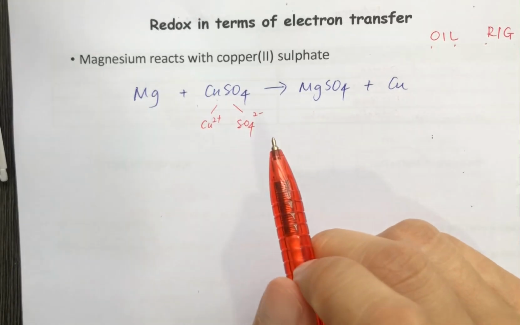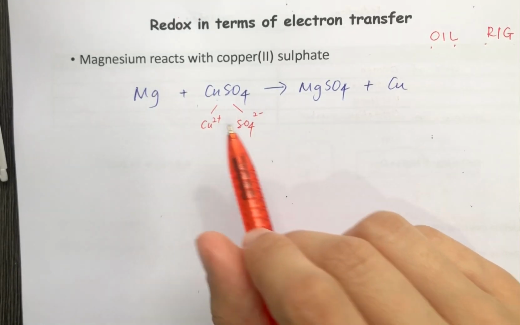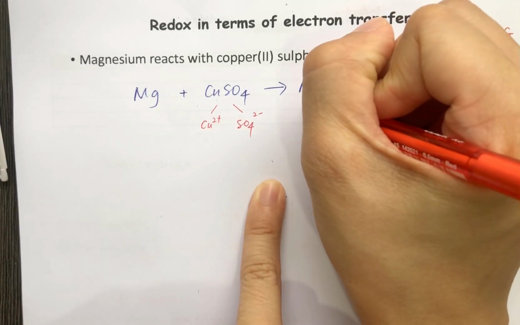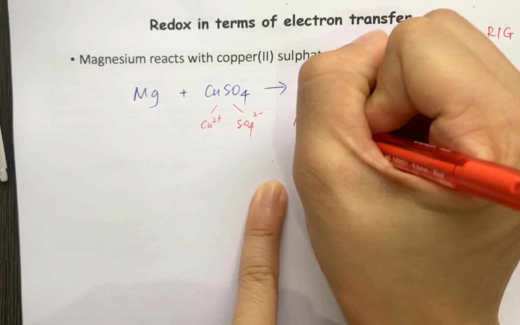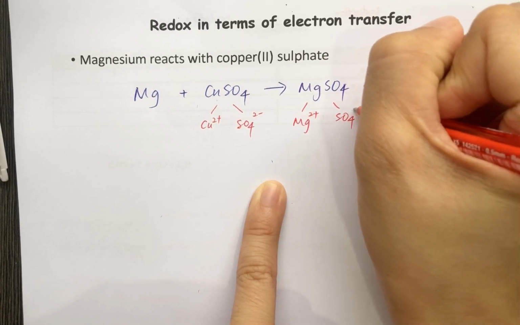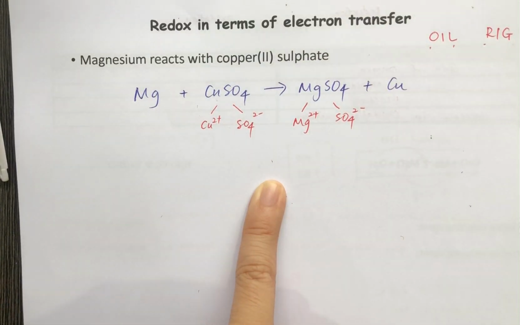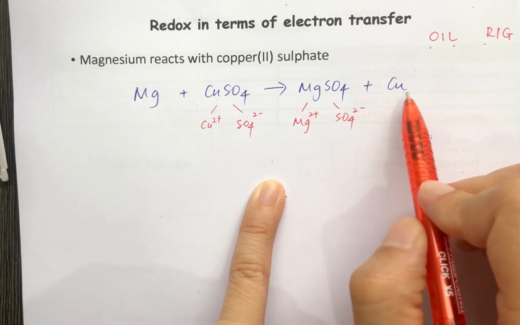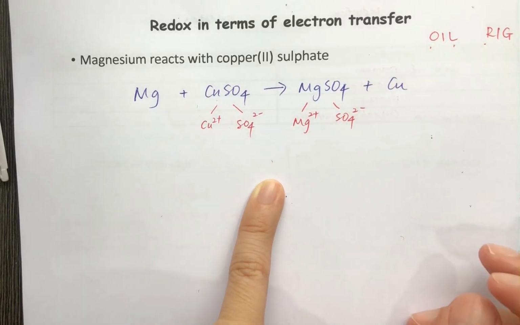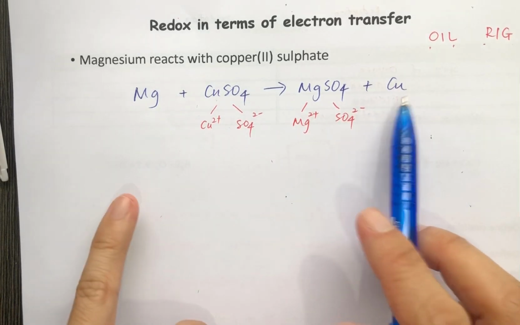Of course you have to memorize your ions and their charges. Whereas MgSO4 is Mg2+ and SO4 2-. And lastly, Cu being an element, there are no charges on it.